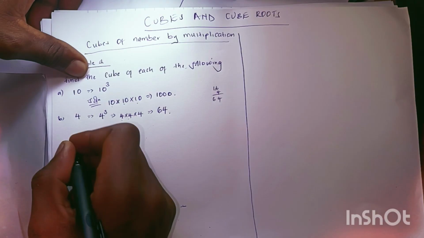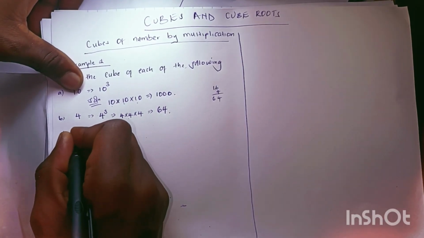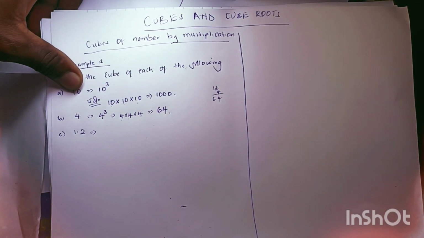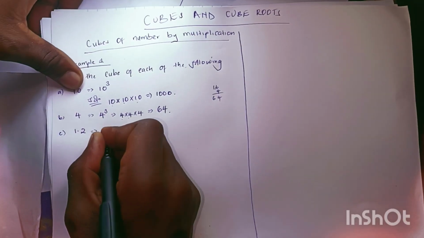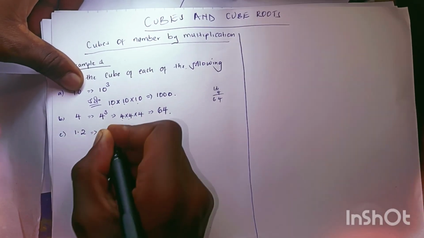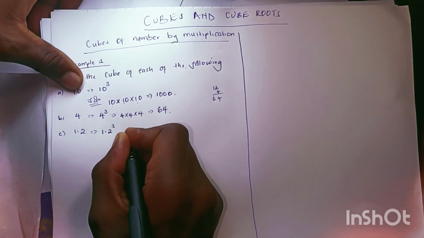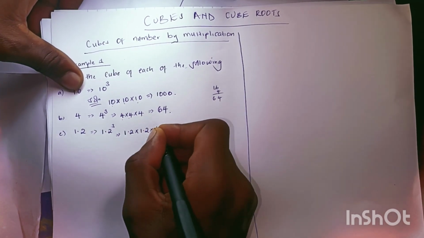What if I have a decimal? Let's say, for example, I have 1.2. When you're told to find the cube of 1.2, I'll just write 1.2 cube. Then the next thing I have to do is multiply 1.2 thrice: 1.2 times 1.2 times 1.2.